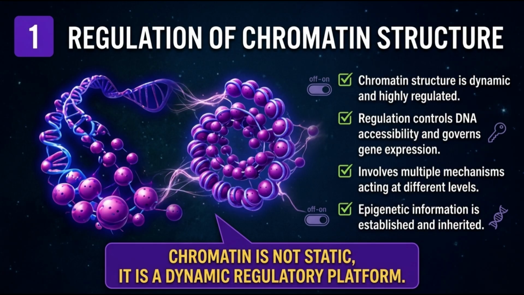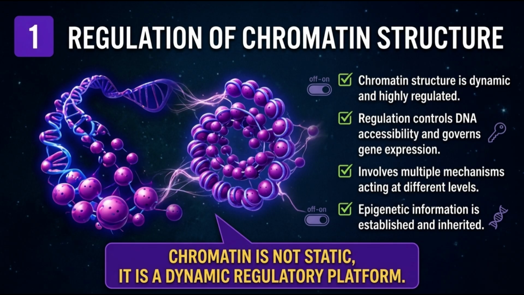When chromatin is open and accessible, transcription factors and RNA polymerase can bind DNA and activate gene expression. In contrast, condensed chromatin restricts DNA accessibility and represses transcription. Therefore, chromatin regulation acts as a molecular switch controlling cellular functions.